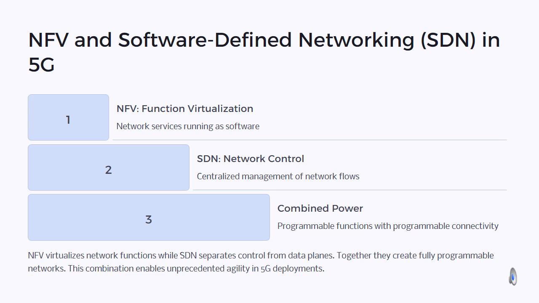When combined, NFV and SDN create fully software-driven, automated, and agile networks. For example, a telecom provider can use SDN to dynamically route traffic, while NFV ensures that firewalls, load balancers, and other functions are running efficiently. This combination is what enables 5G networks to be ultra-flexible and adaptive to real-world demands.